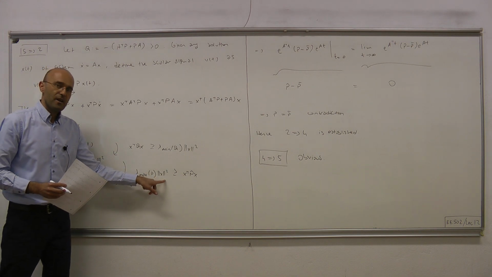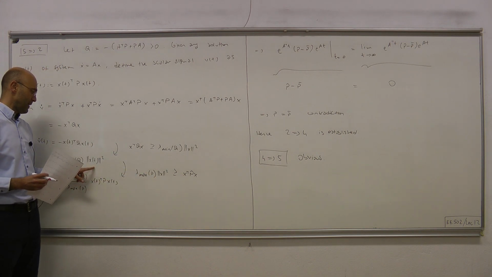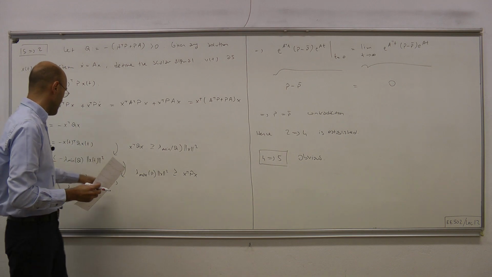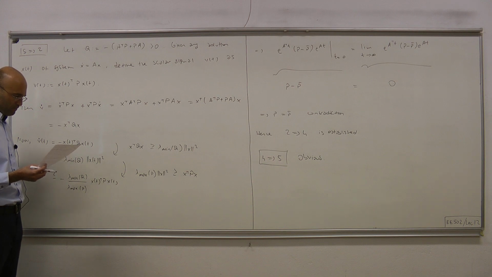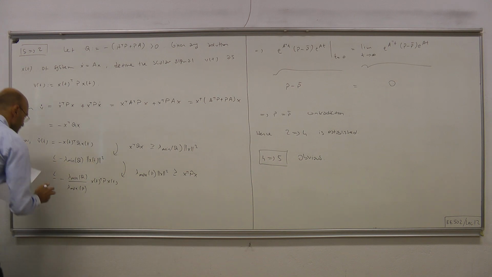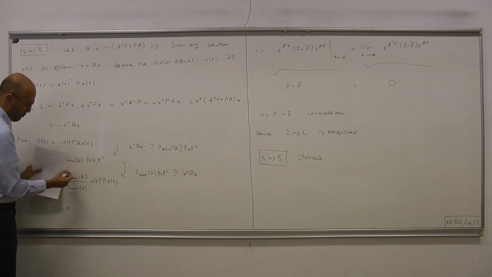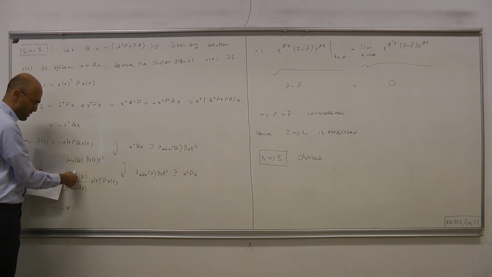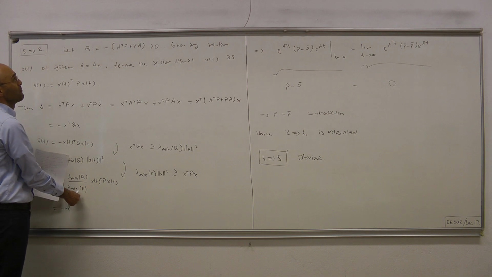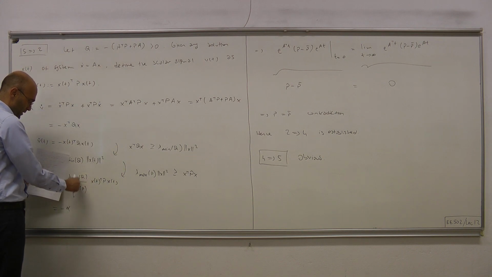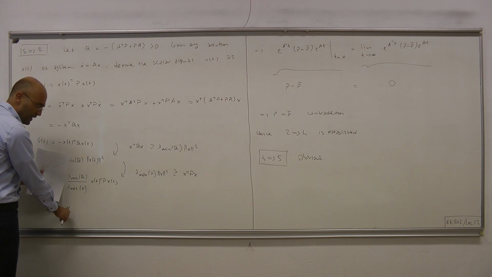So using this inequality we can re-express minus norm square of x of t, and that produces this, and this equals minus alpha. Now we combine this ratio. This is something positive, this is also something positive, because P is a positive definite matrix. The ratio is positive, and we're calling it alpha.